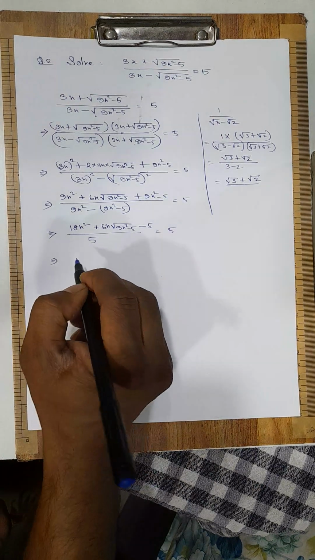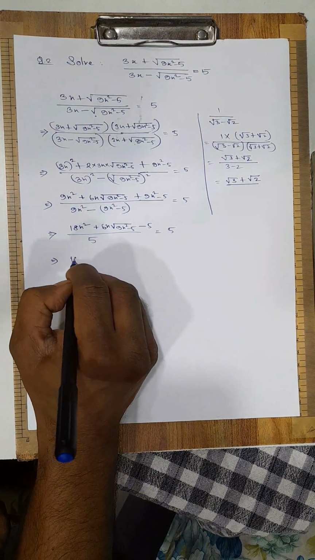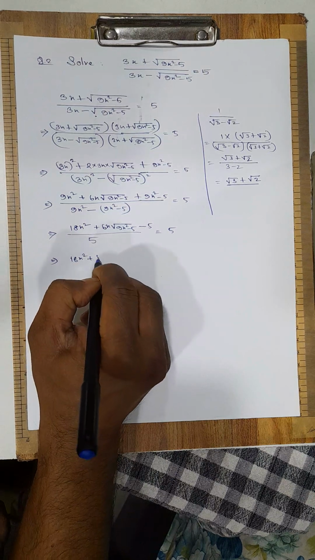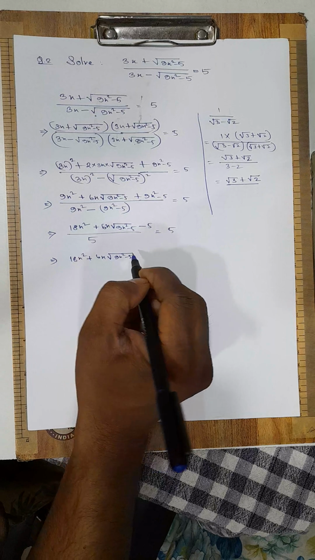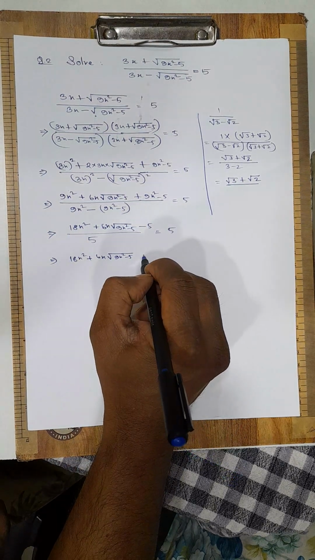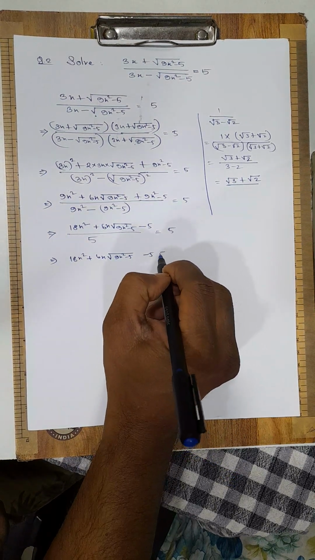So it becomes 18x square plus 6x square root of 9x square minus 5 minus 5 equal to 25.